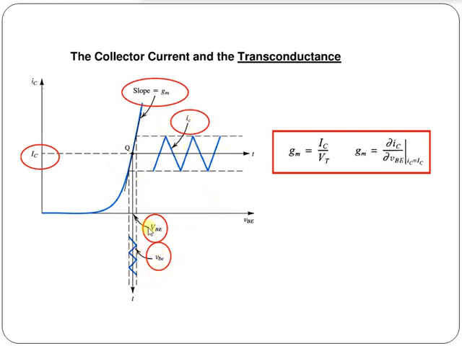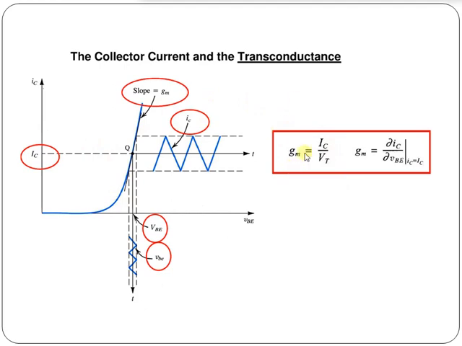The DC value of base emitter voltage is represented by this particular point, and the DC value of collector current is shown by this particular line, whereas the small instantaneous value is represented by small vbe, which shows the variation about it. Similarly you can see the way the collector current is varying, and this slope, that is the ratio of the collector current and the thermal voltage, gives you the transconductance.